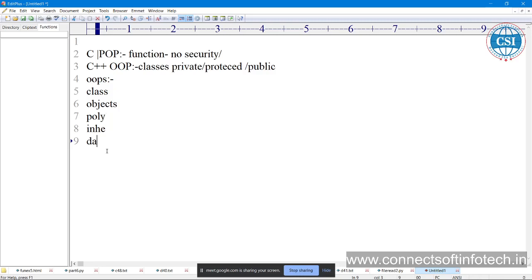So these are the properties of OOPS. Those who follow the properties of OOPS, we can say that is C++, an object oriented programming language. So here C++ is there.